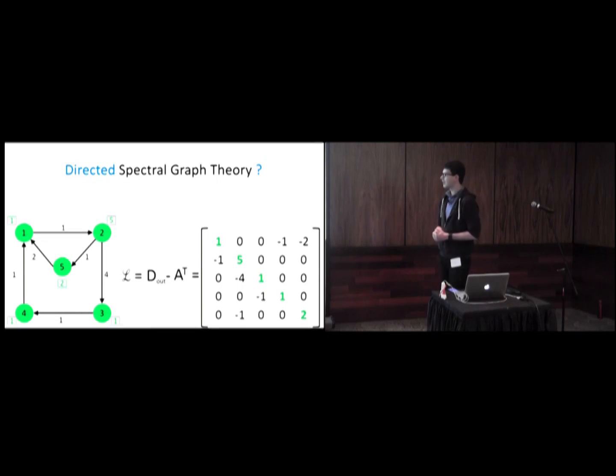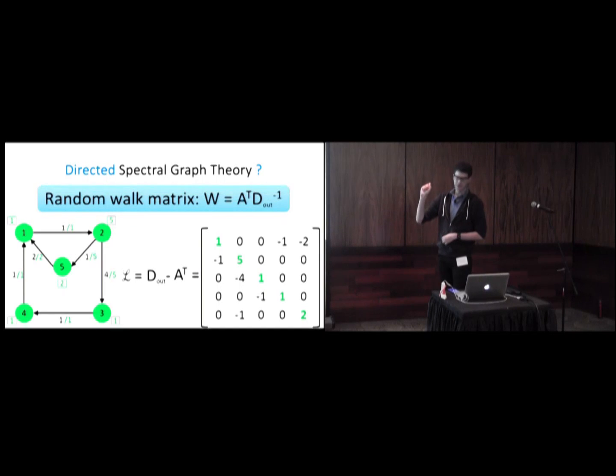This object turns out to be very natural. For instance, let's divide every weight of an arc by the out degree of the vertex that it leaves from. By performing this transformation, I obtain the transition probabilities in the random walk matrix associated to this graph.